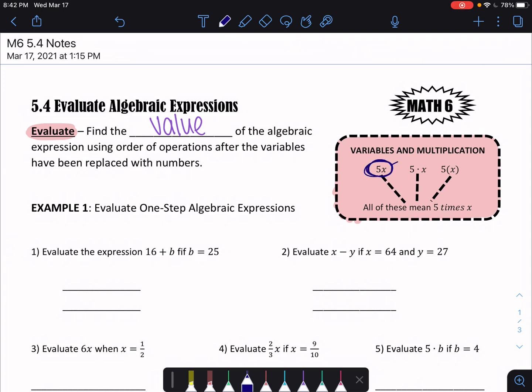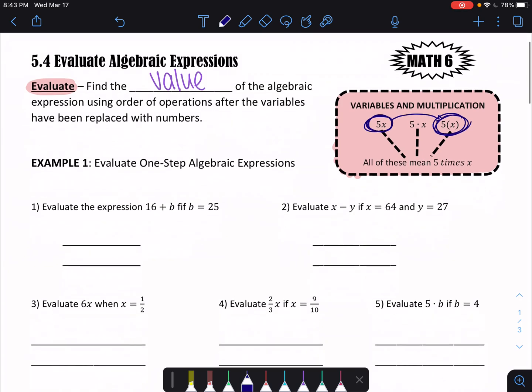When we evaluate, we are going to write them this way when we put those values in. So if I have 5x, that means 5 times the value of x. So when I put my values in, I'm going to put them in parentheses so I recognize them as multiplication. And you guys are going to see that in action here in just a minute.